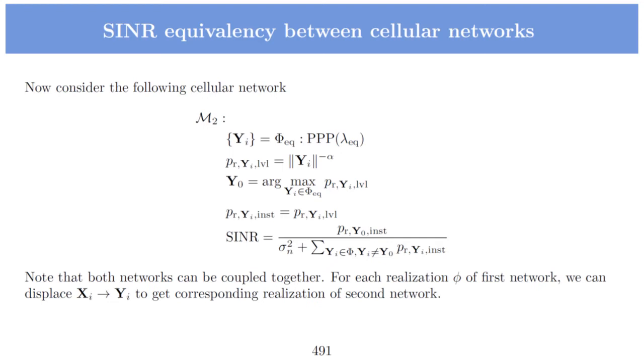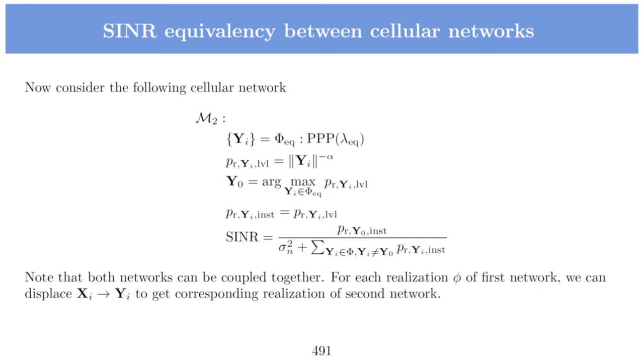Then the power level which will be used for association is just equal to norm of yi to the power minus alpha. There is no fading in this case, so for the power level you don't have to worry about whether you take instantaneous or the average. There is no randomness, so it's just fixed given yi.